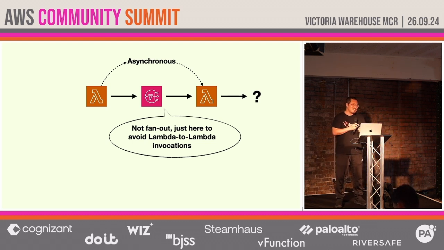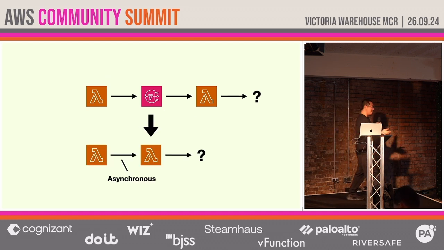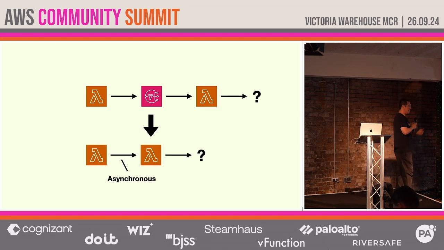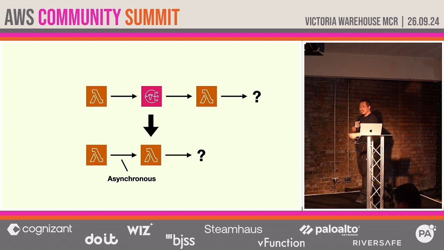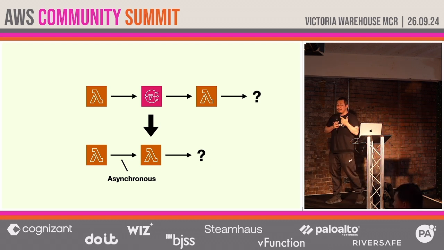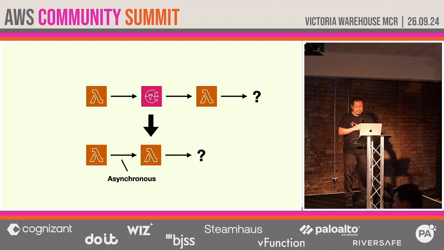Well, okay, that's great. You got the gist, but not quite the message. If you're going to do that, let's not pretend that this is not an async Lambda-to-Lambda invocation, with the same coupling effect. By removing SNS from the middle, you actually get the same benefits in terms of async Lambda invocations. You get the same stream retry, the same DLQ support. In fact, you probably make your code a bit simpler as well.